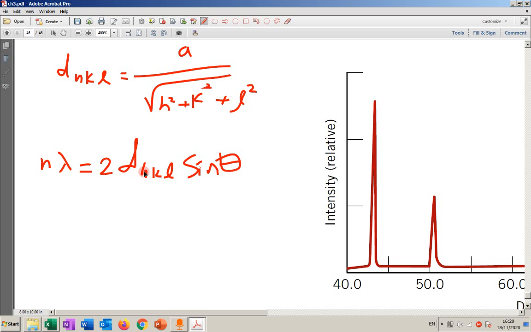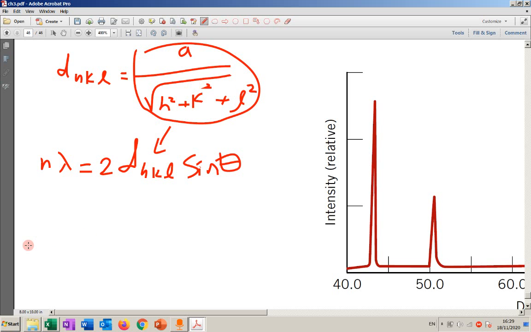Again, d_hkl is unknown. So if we put this equation instead of d_hkl, we still have some unknowns, but we can rearrange it. So I'm going to bring this into this equation and just rearrange it in this manner.